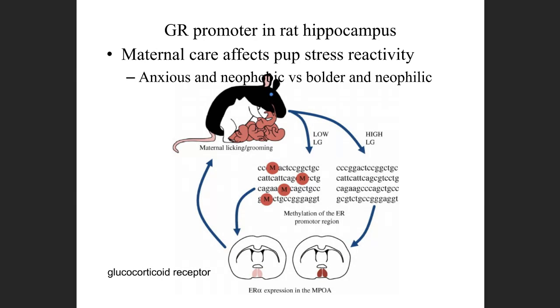And this is because low licking and grooming apparently leads to methylation of the promoter region for the glucocorticoid receptor.